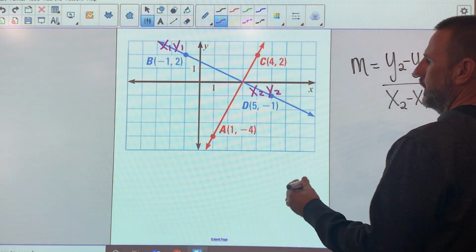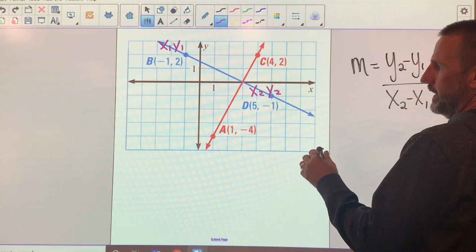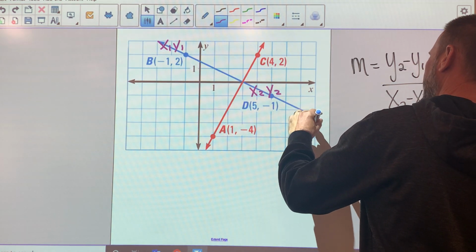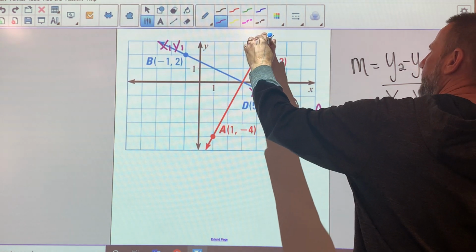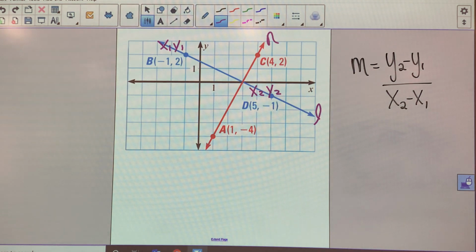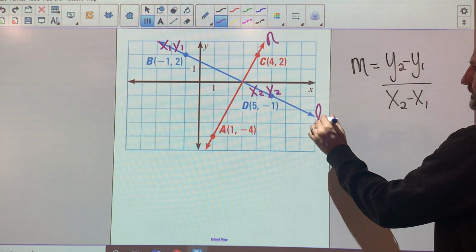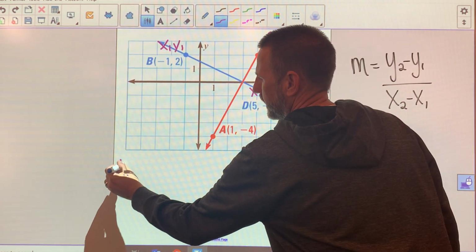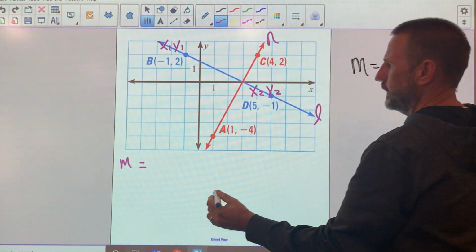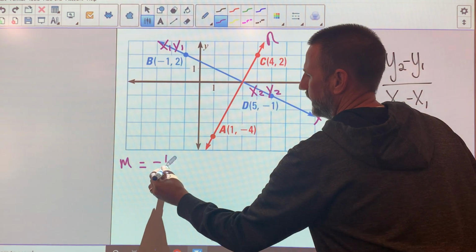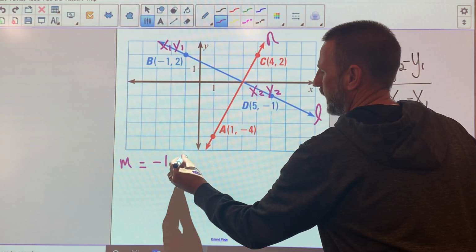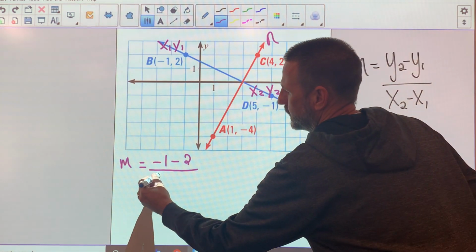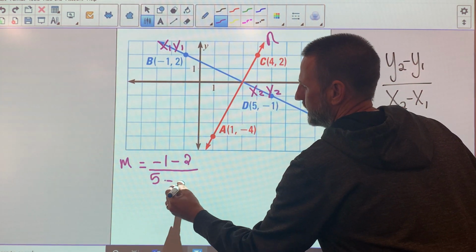And I'm going to give the blue line a name, even though it's got some points on it. I'm going to call this one line L, and I'm going to call this one line N. Okay, so for line L, let's find our slope. So the rule is y2, which in our case is -1, minus y1 divided by x2, 5, minus -1.